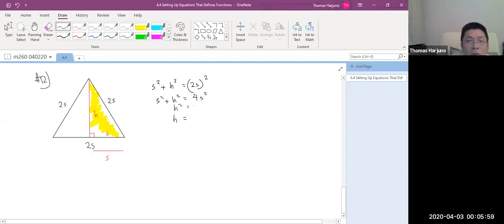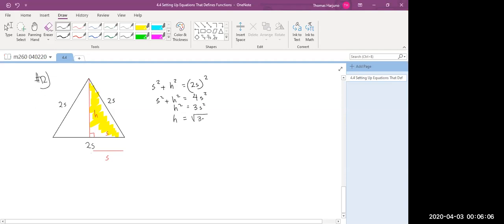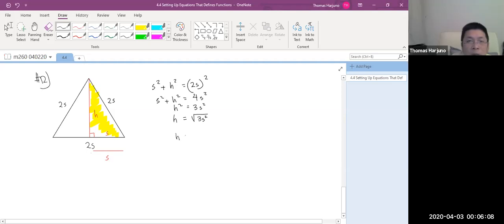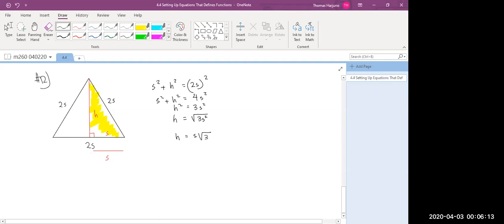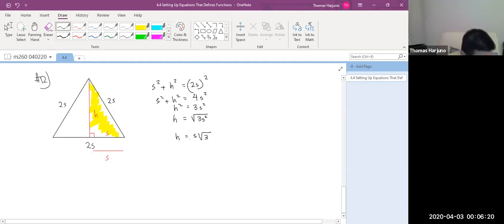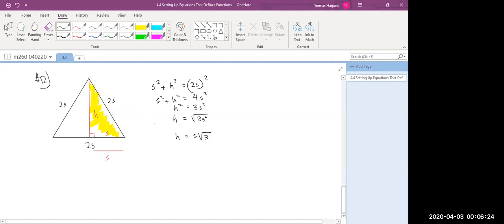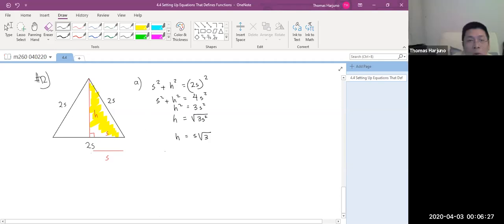H squared equals 3s squared. So h is the square root of 3s squared, which simplifies to s square root of 3. Okay, that's for part A. So h as a function of s is s square root of 3.